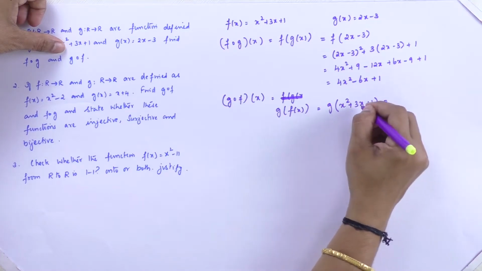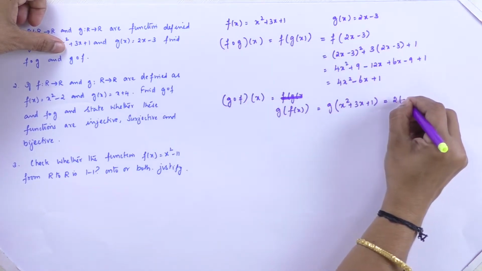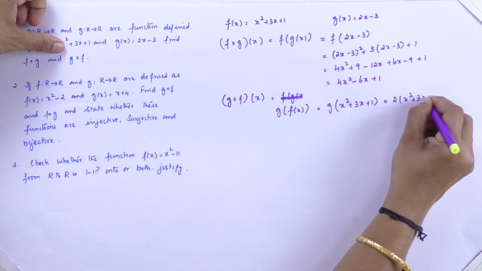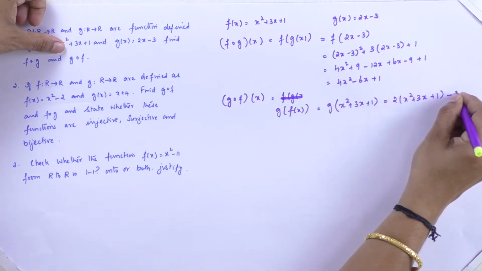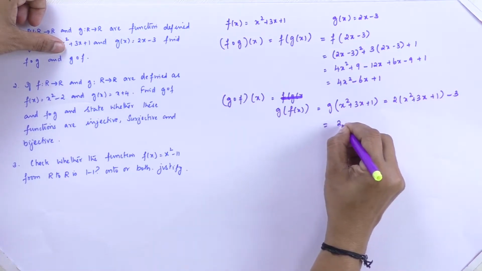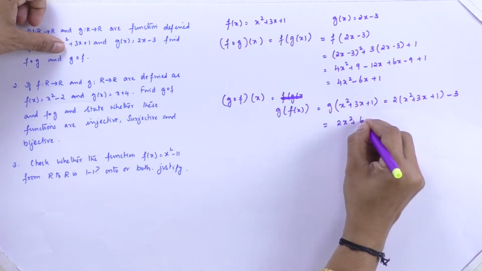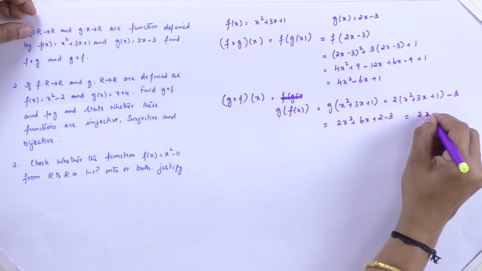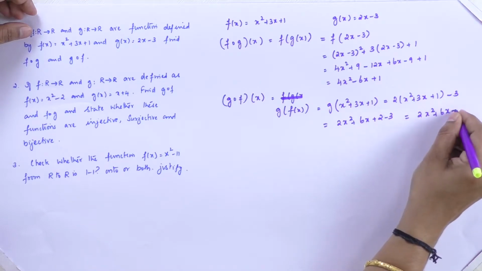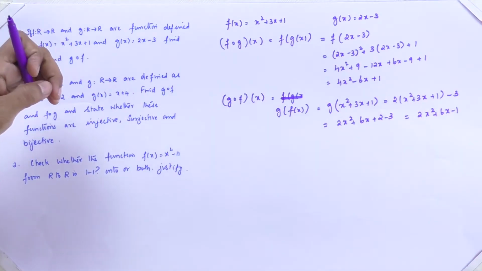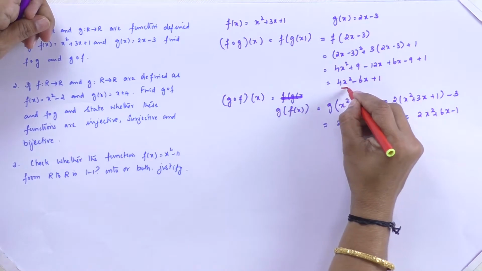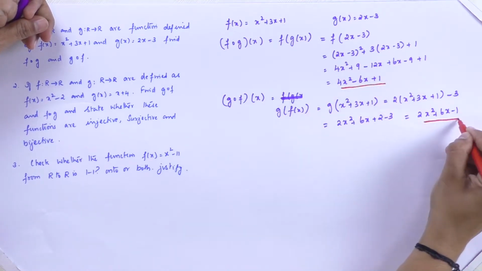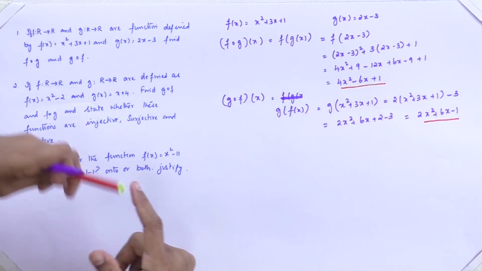So that is g of x, now it is 2 into x square plus 3x plus 1 minus 3. So that is equal to 2x square plus 6x plus 2 minus 3, or that is equal to 2x square plus 6x minus 1. So now f composition g is this and g composition f is this.